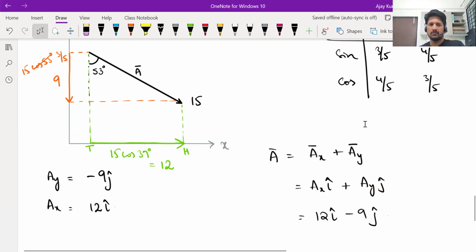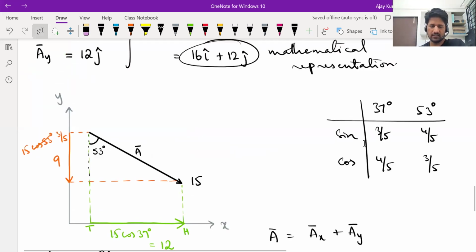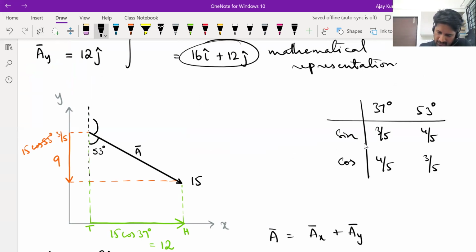Okay. Now see, let's discuss that 9 again. Its y component was 9 in the downward direction. One of you quickly tell me, what angle will it make with the upward y-axis? How much will this angle be?